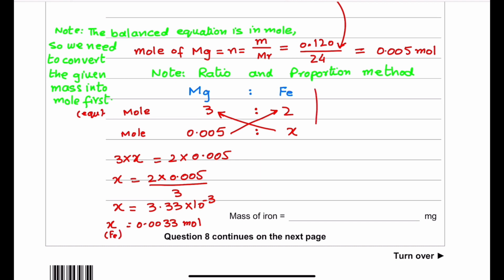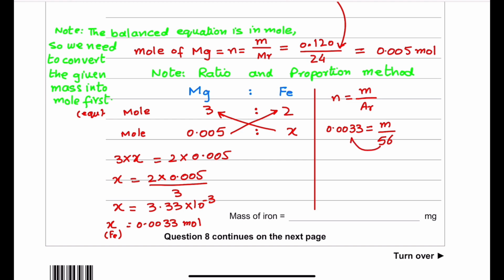We know the formula for moles: the moles of iron equal the given mass of iron over the Ar of iron. The moles of iron are 0.0033, the given mass is unknown, and the Ar of iron is 56.